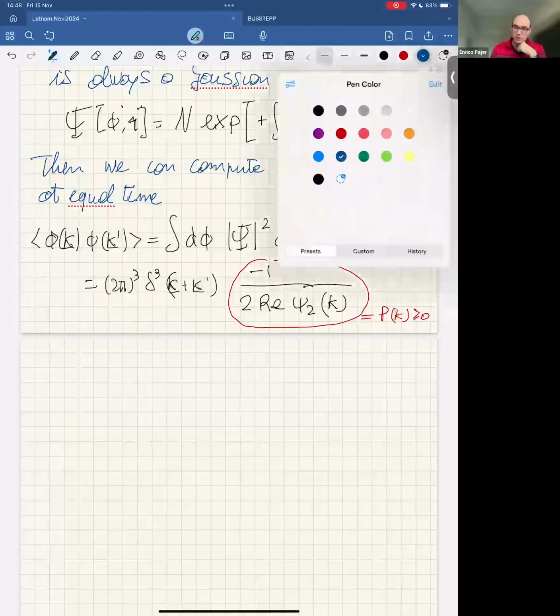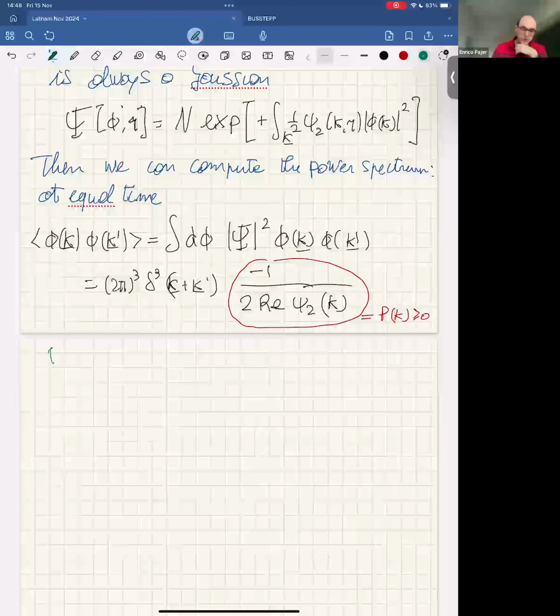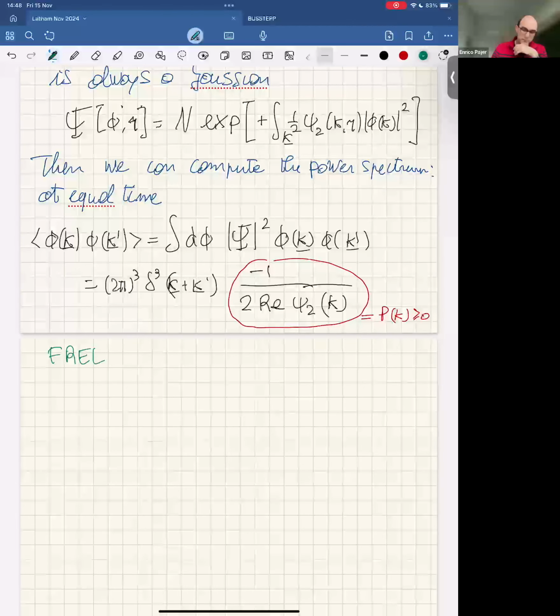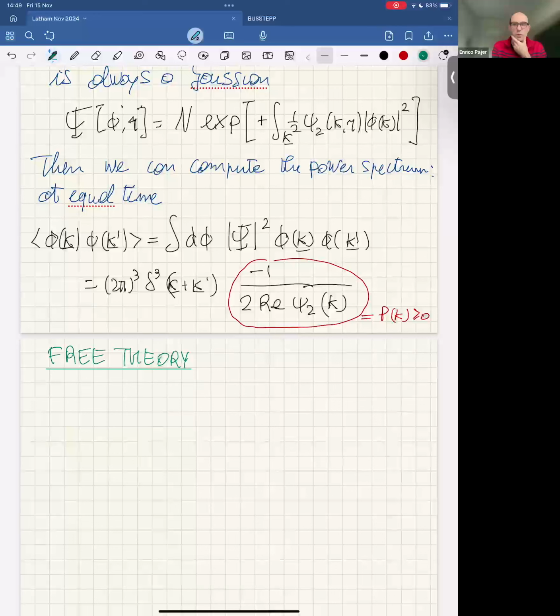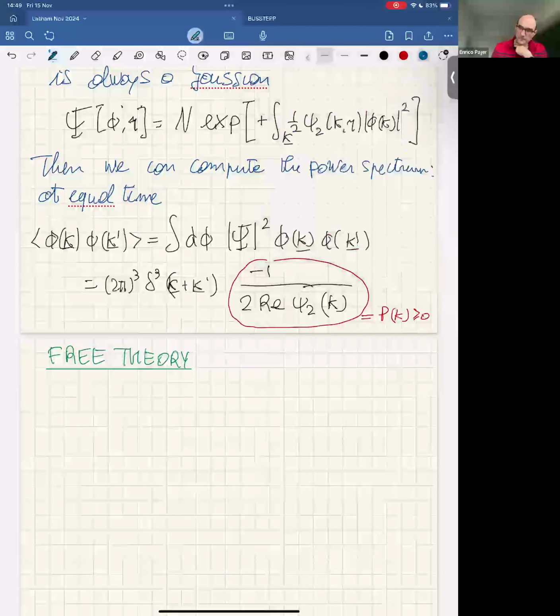Okay, let's compute this wave function and therefore this psi2 for the free theory. Something that took me many years to appreciate is that a lot of physics is mostly about free theories. So it's really good to understand those free theories as well as you can.